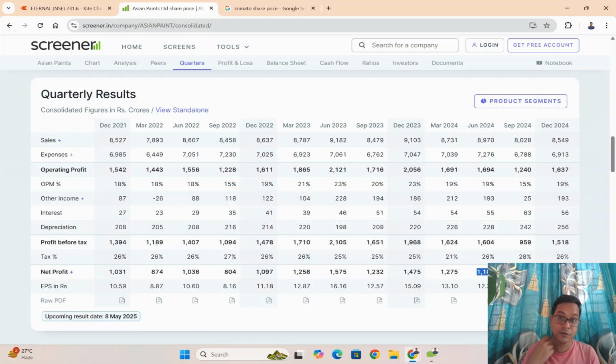So there was a significant drop in September 2024. So if you are already invested in this company, this might have been a good place to exit. But if you see, next quarter it improved, so maybe you can enter again, or you can give the benefit of the doubt for 1 quarter.